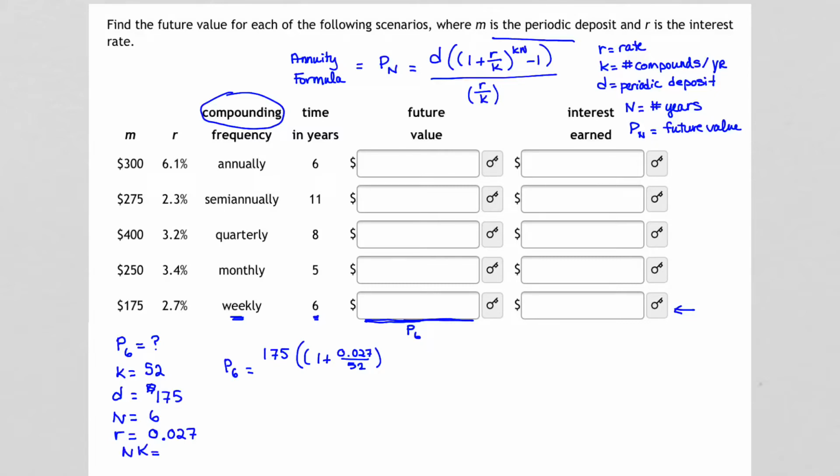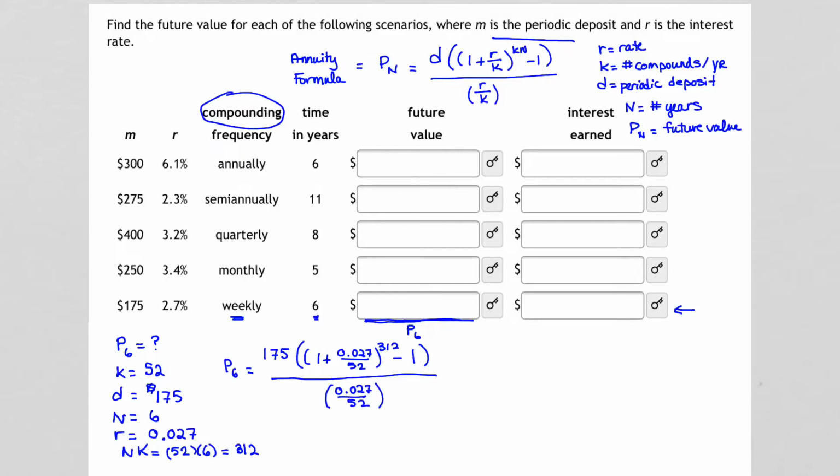N times K is 52 times 6, which is 312. So NK is 312, that's my exponent, minus 1, quantity closed, all divided by R over K, which is 0.027 divided by 52.